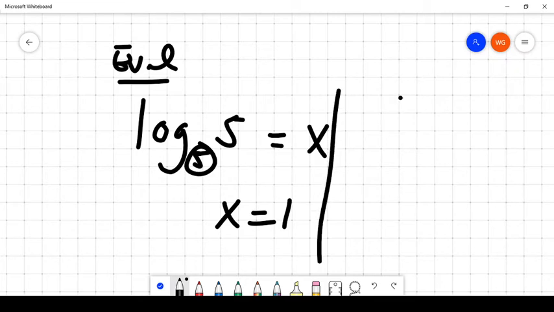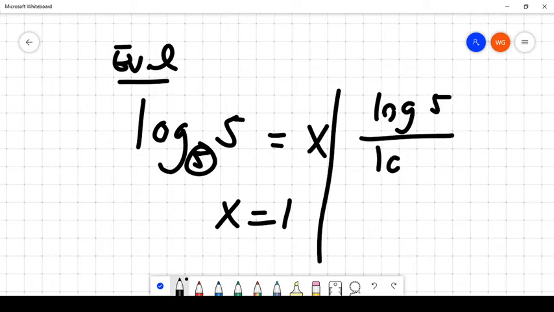Now, another way you could look at that, if you found that confusing, is that you could apply that formula we talked about, which is called the change of base formula. And you could say, well, this is really equivalent to the log base 10 of 5 over the log base 10 of 5. And of course, anything divided by itself is equal to 1. So that would give you the answer as well.